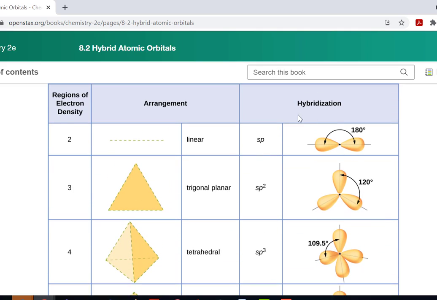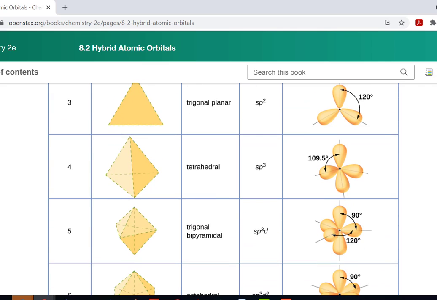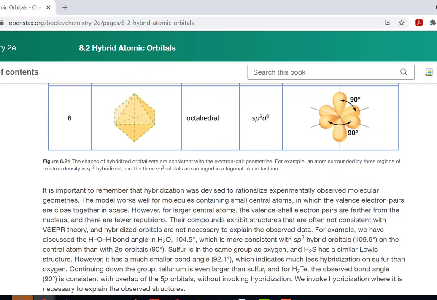You can see how the different shape corresponds with a different hybridization. Everything that's tetrahedral will have sp3 hybridization. Everything that's trigonal planar will have sp2 hybridization. Everything that's linear will have sp hybridization. Okay, so it's always going to work that way. Again, we won't do too much with these last two.